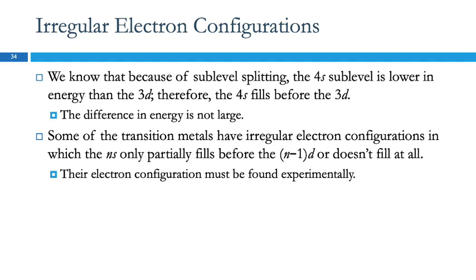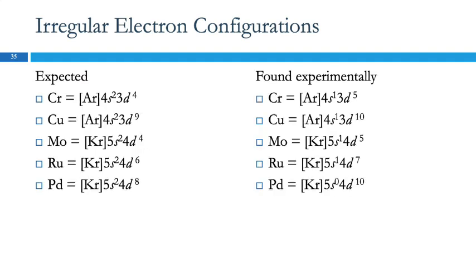And this is when you get into the transition metals. And these are things that you don't predict from the periodic table. They've been determined experimentally, and you just have to remember them. I'm only going to require you to remember 2 of them. So these are some of the irregular ones. Chromium, copper, molybdenum, ruthenium, and palladium. And I just want you to know the first 2.